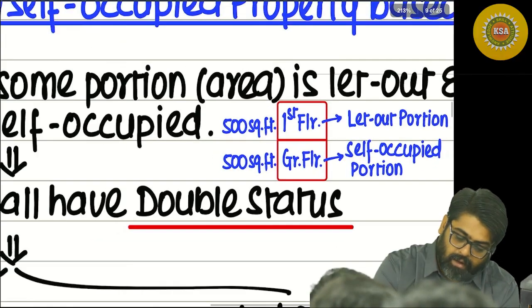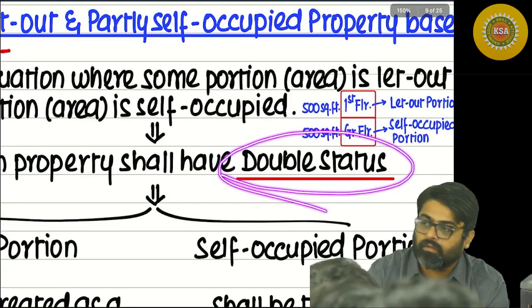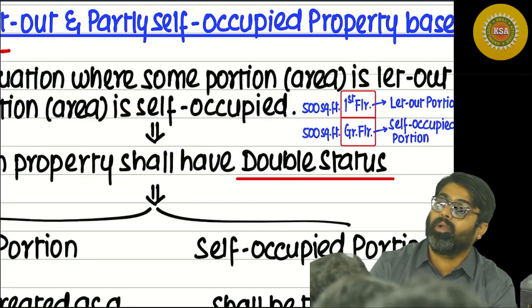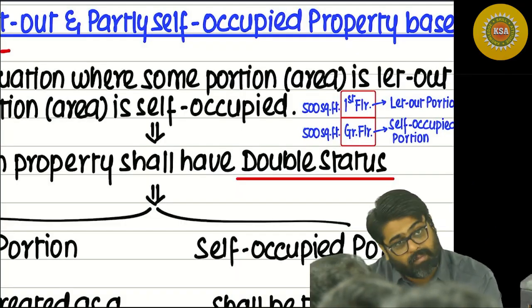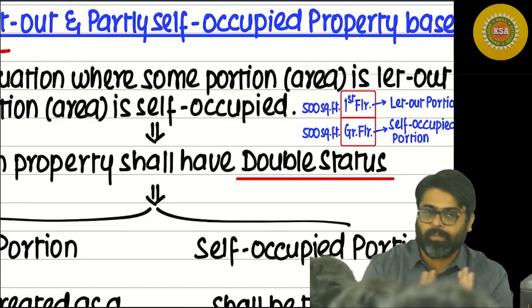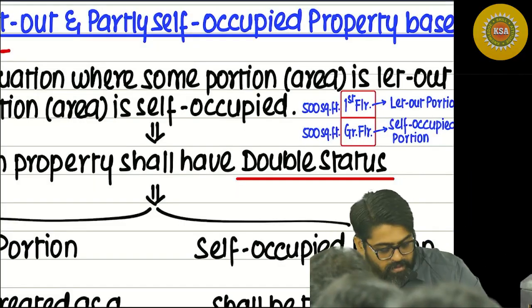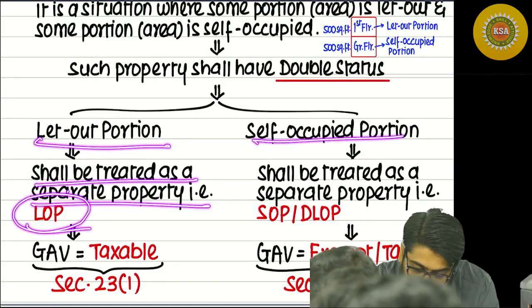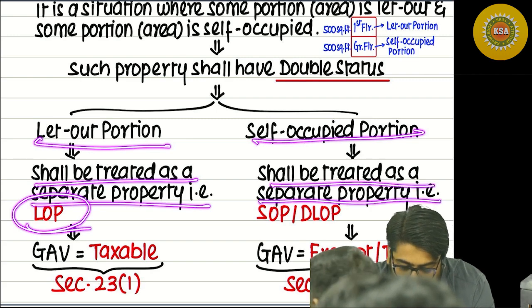Now tell me, if you are giving double status, meaning you are going to calculate the income of the property in parts. Each part of the property will be treated as a separate property. Now pay attention, the let out portion shall be treated as a separate property, LOP. The self-occupied portion shall be treated as a separate property.